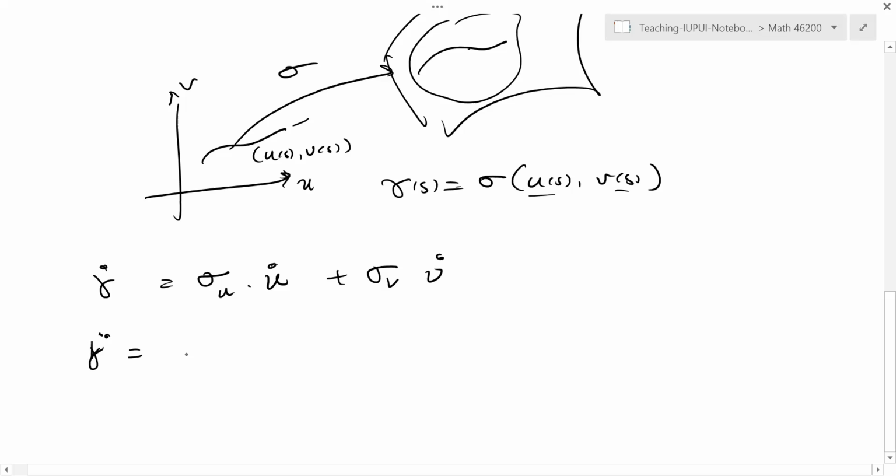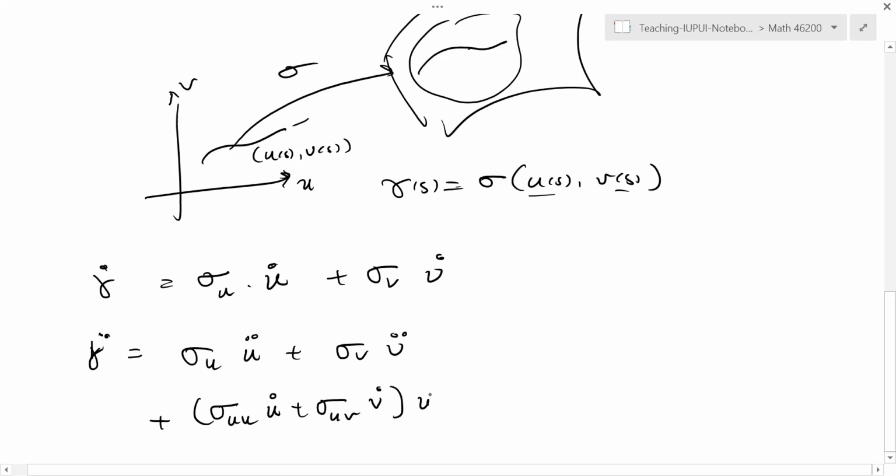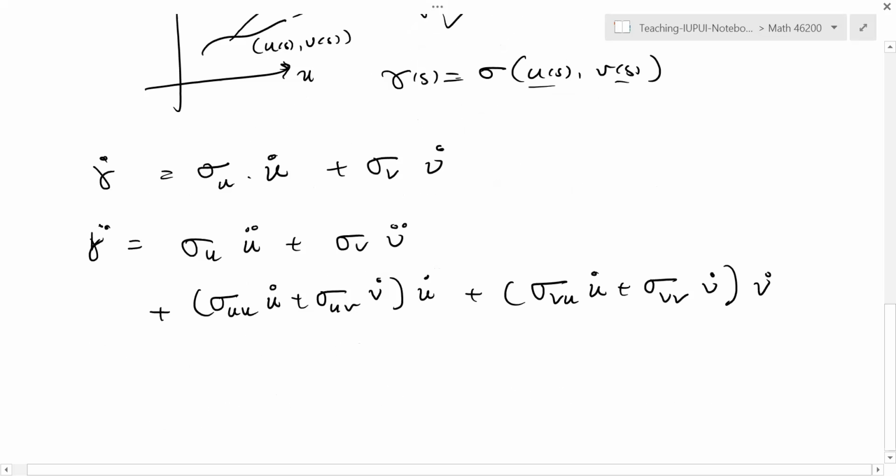The first part is sigma u dot double derivative, sigma v dot double derivative. Then I get sigma u u dot, sigma uv v dot and u dot, and here sigma vu u dot, sigma vv v dot and v dot.